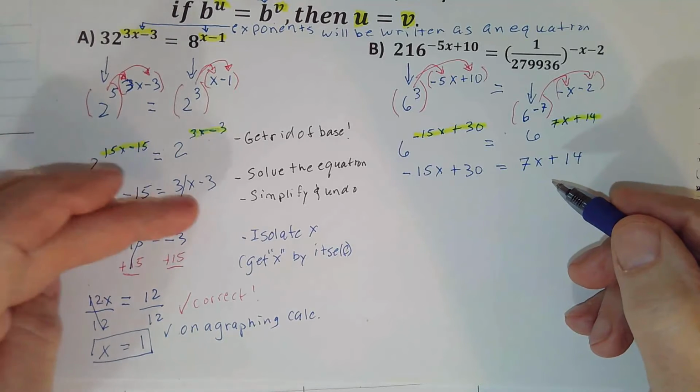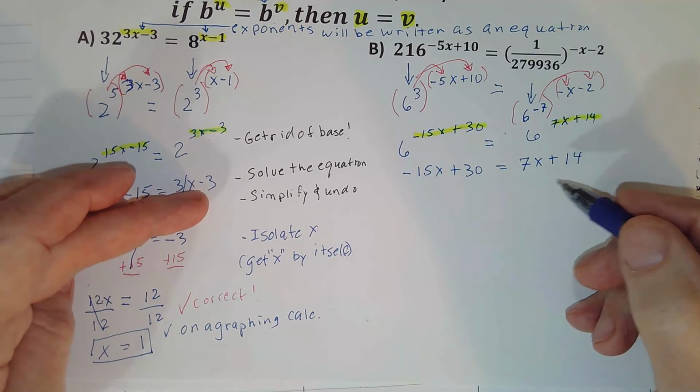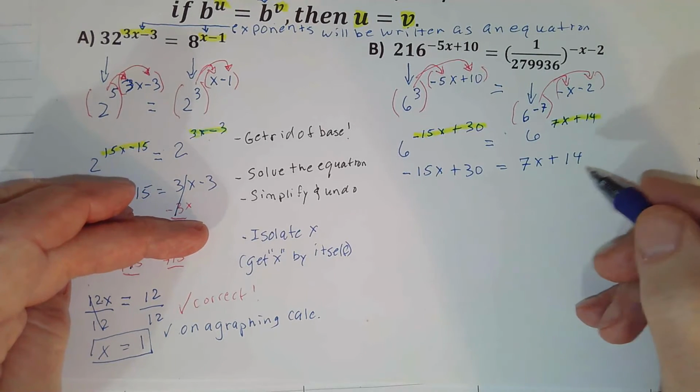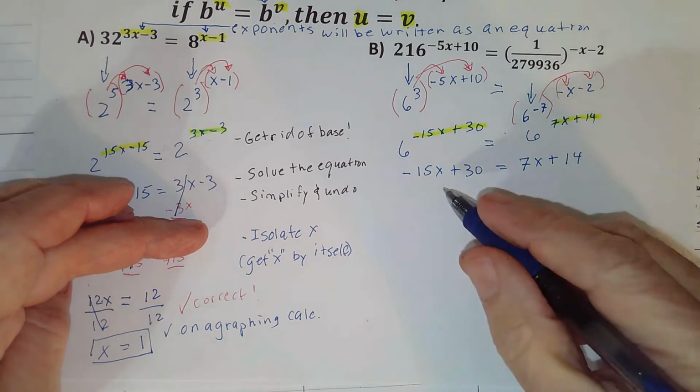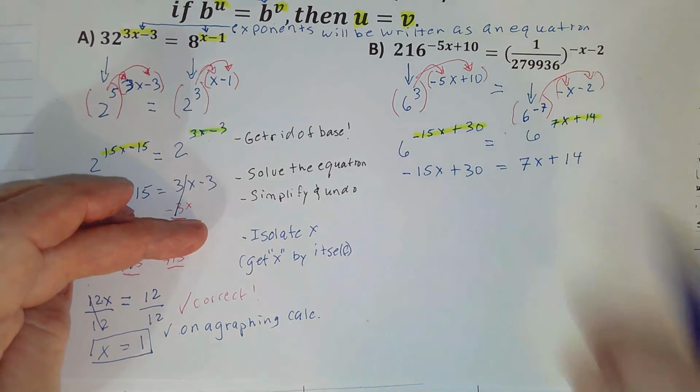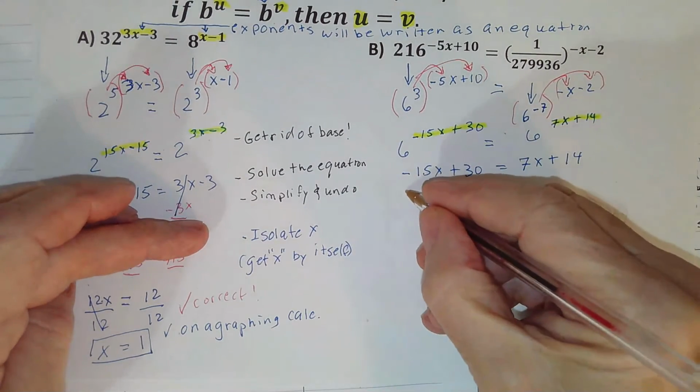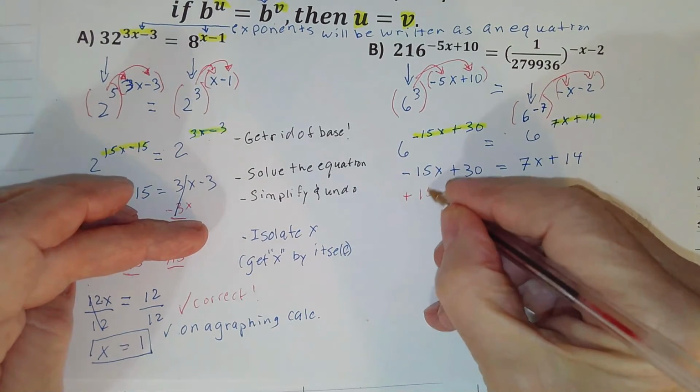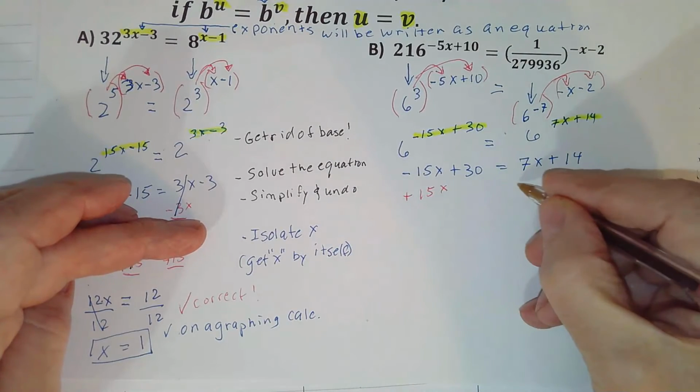So let's solve the equation by simplifying and undoing. So I want to get the 7x and the negative 15x together. So this time I'm going to add the 15x because I want to get positive x's. It's just easier that way.